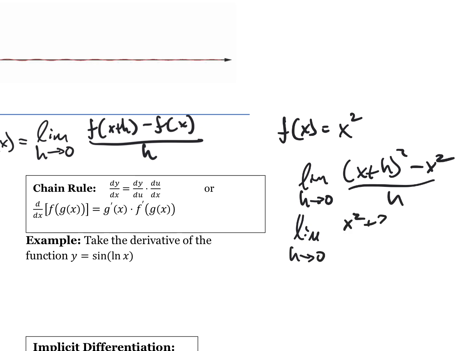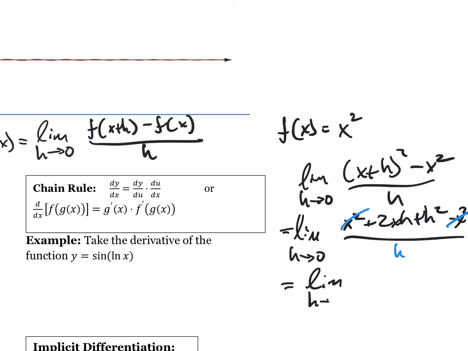x squared plus 2xh plus h squared, and minus x squared, all over h. And as we clean this up, we've got some x squareds that are going to go away. And that brings us down to the limit as h goes to 0.